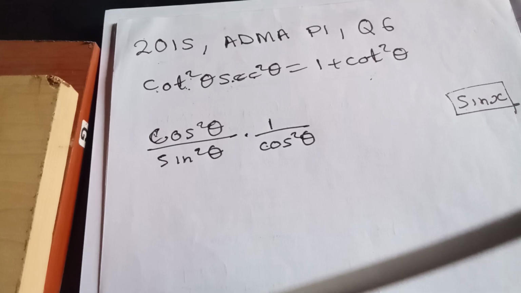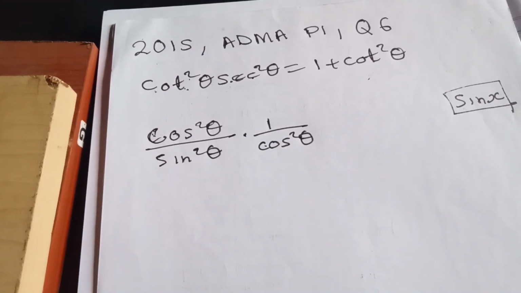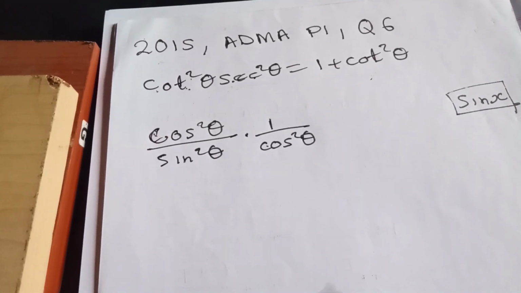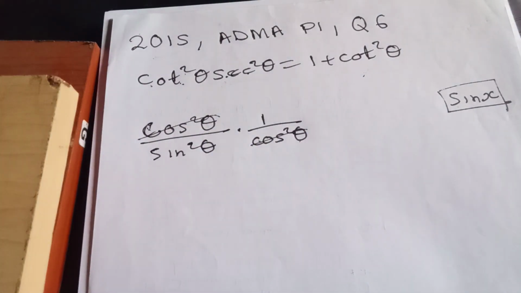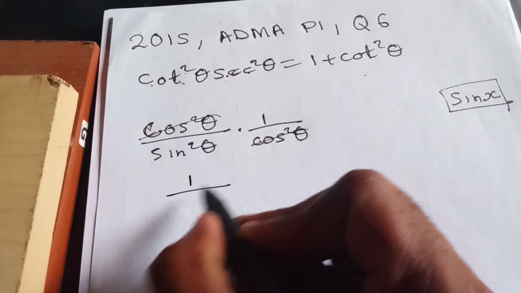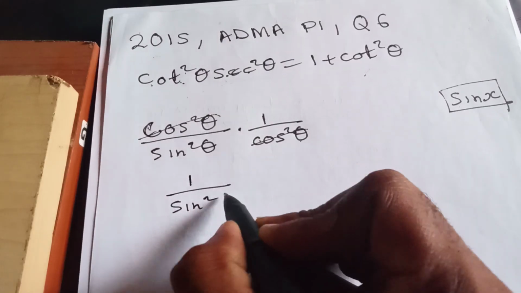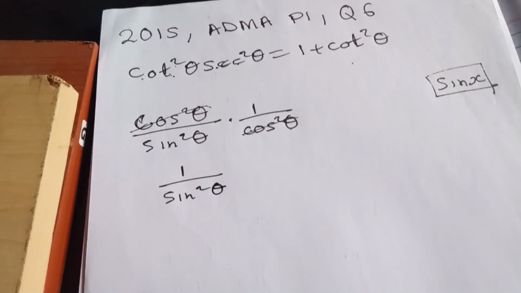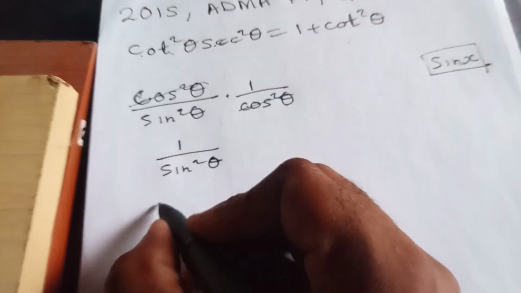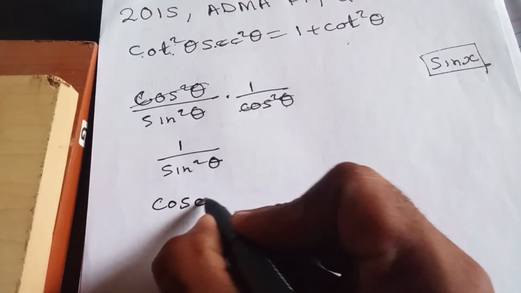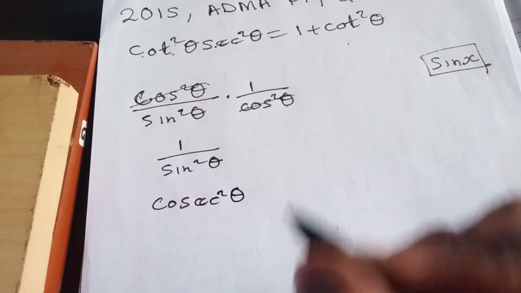So I can even see the answer without doing much. Okay, so you can cancel this with that. So this one will give you 1 over sine squared theta. Now 1 over sine squared theta is the same as cosec squared theta.